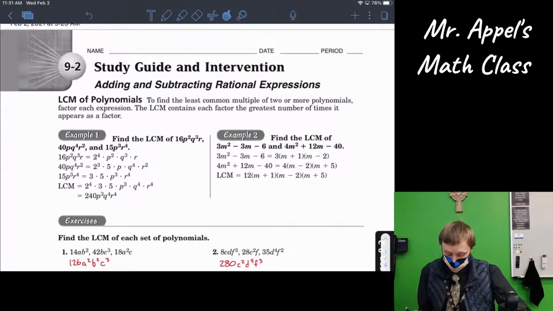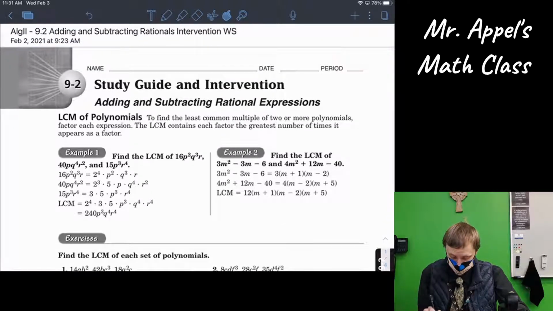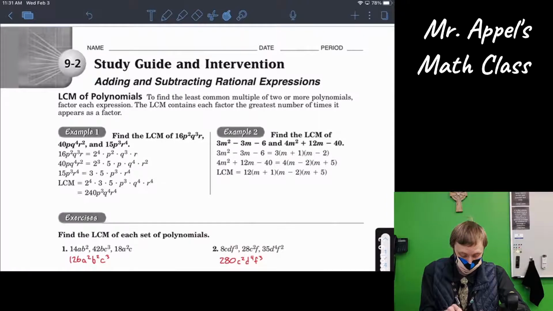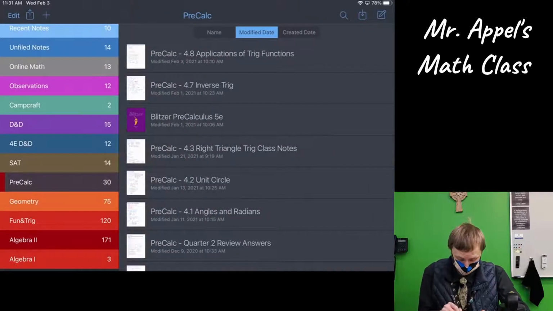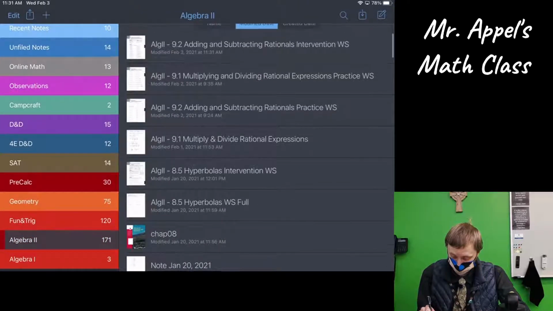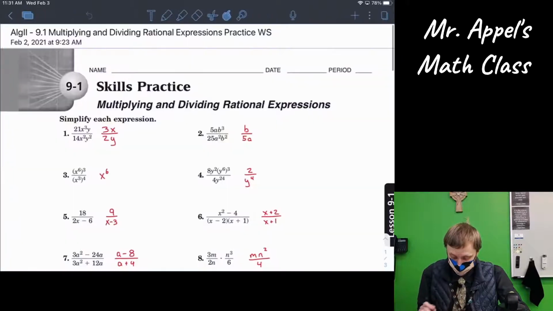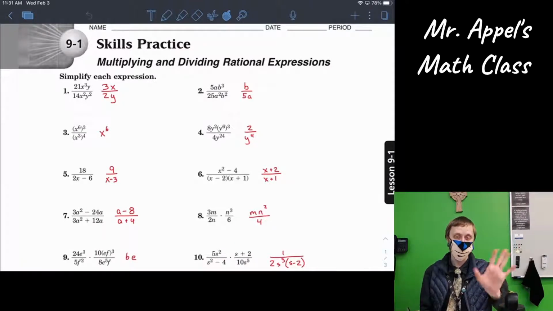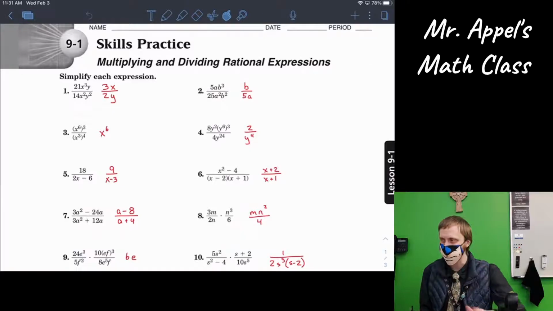And before continuing with today's practice, I want to first go over the answers to yesterday's. And actually, I think we still have to do the multiplying and dividing. I never went over the answers there. So please take out your 9.1 worksheet. That makes this a very important video. I've got double the answers here.